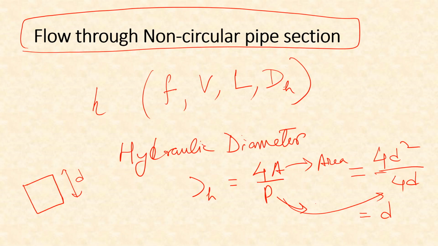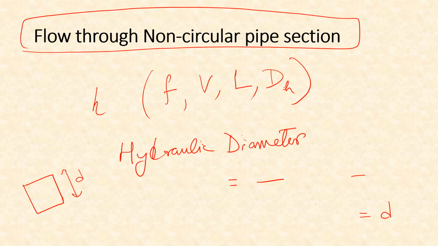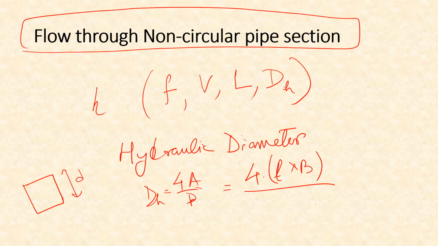In case of a rectangular pipe, dh is given as 4A by P. It will be 4 into l into b, let's use small l here, divided by twice l plus b, which is the perimeter, and l into b is the area.